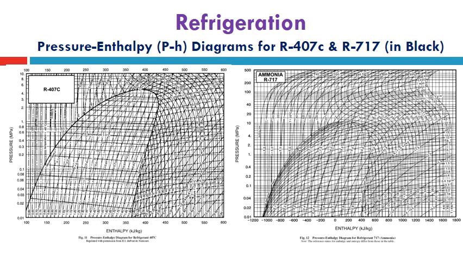This slide also presents the pH diagrams for refrigerant R407C and R717, which is named ammonia, NH3. Both charts are in black also. The saturation line is shown in bold black.